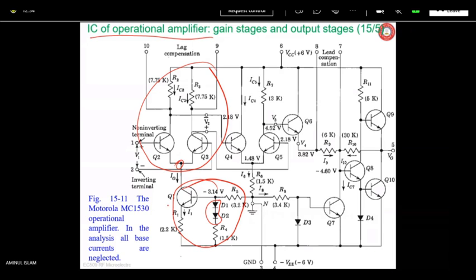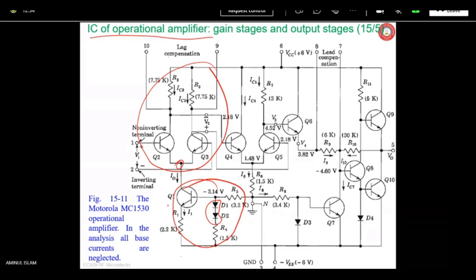See, IC3 is this current, R3 is this current. So there will be a voltage drop in this resistor, and VCC minus this voltage is actually the base voltage of Q5.